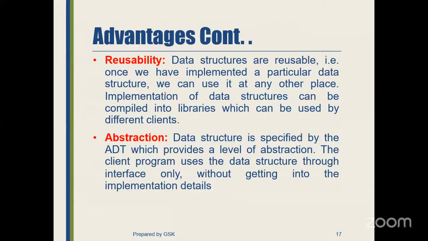In simple words, if you develop a user interface, the user working with it doesn't have knowledge about the implementation of the data structure. He knows what he has to enter and what he will get. That output will be delivered to that person, but he doesn't have any idea about the internal implementation. That is what abstraction is.